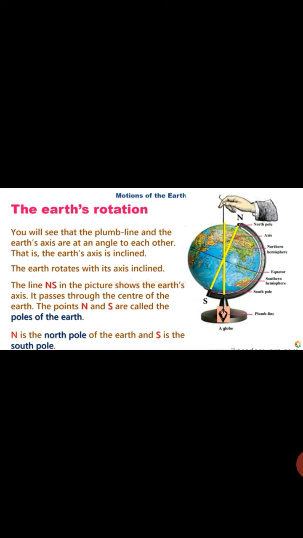In this case, our Earth is moving around an imaginary line, which is called the axis. And this axis of Earth's rotation is not straight, it is inclined. As you can see, the south and north pole line is inclined, it is not straight. So the Earth's rotation axis is inclined.